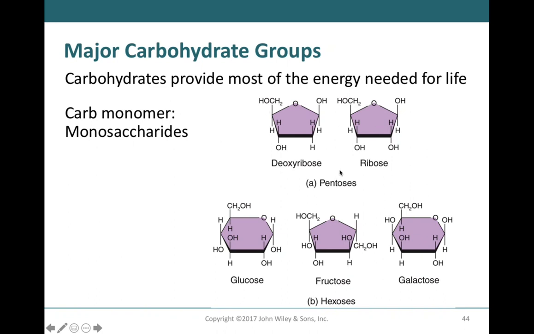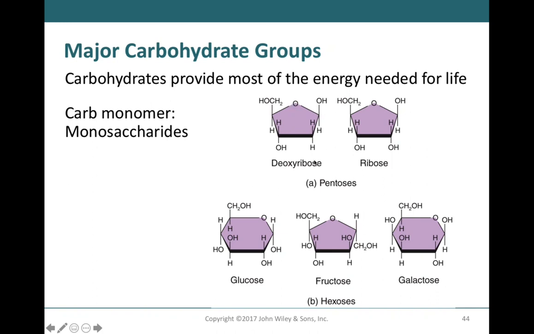So we have five different carbohydrates over here. We have deoxyribose and ribose. Those are our pentoses. And we have some hexoses, which are glucose, fructose, and galactose. Now, pentoses refer to the number of carbons within the molecule. I know this might be a little beyond where we're at, but what you can see here with these different structures is that there's this C here, and then there's this pentagon-looking shape.